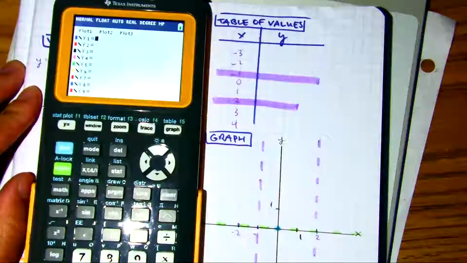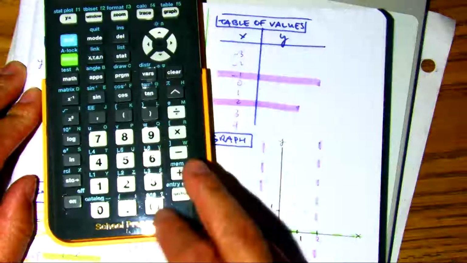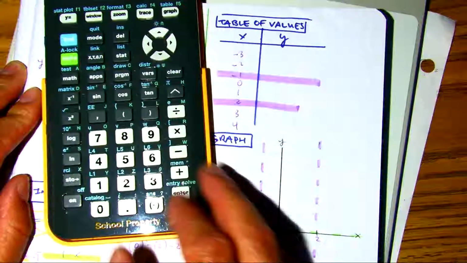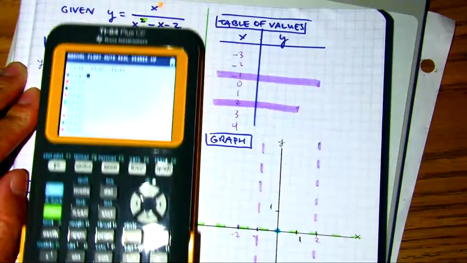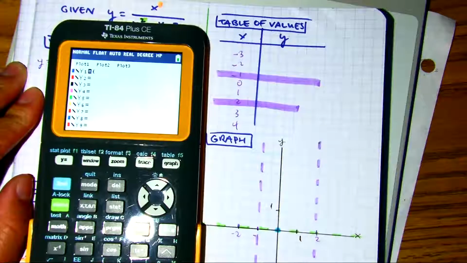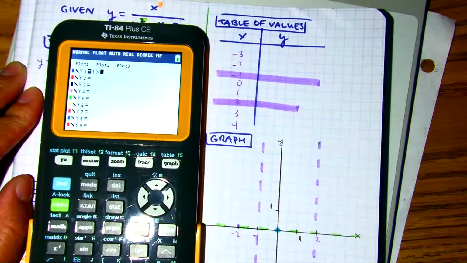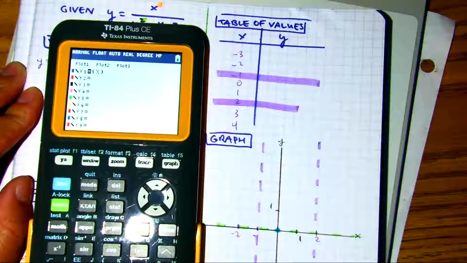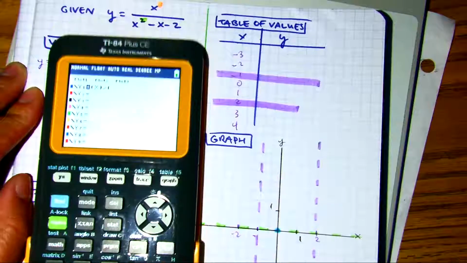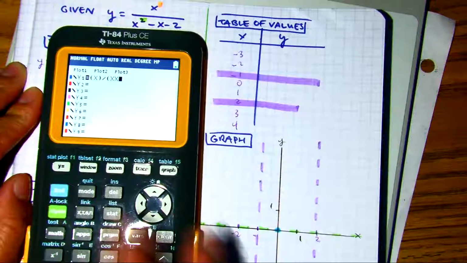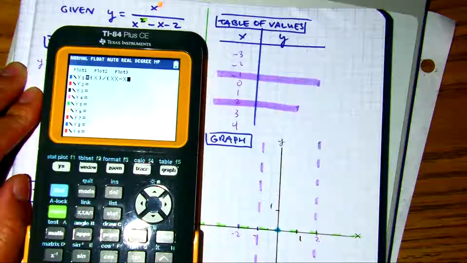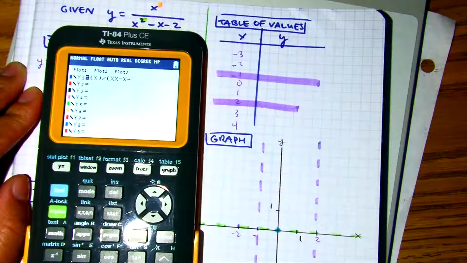Use them. And also the subtraction sign and negative. Those are the common mistakes using your calculator. All right. Parentheses x, close parentheses to show that's the numerator, divided by x squared minus x minus 2, or subtract or take away 2.